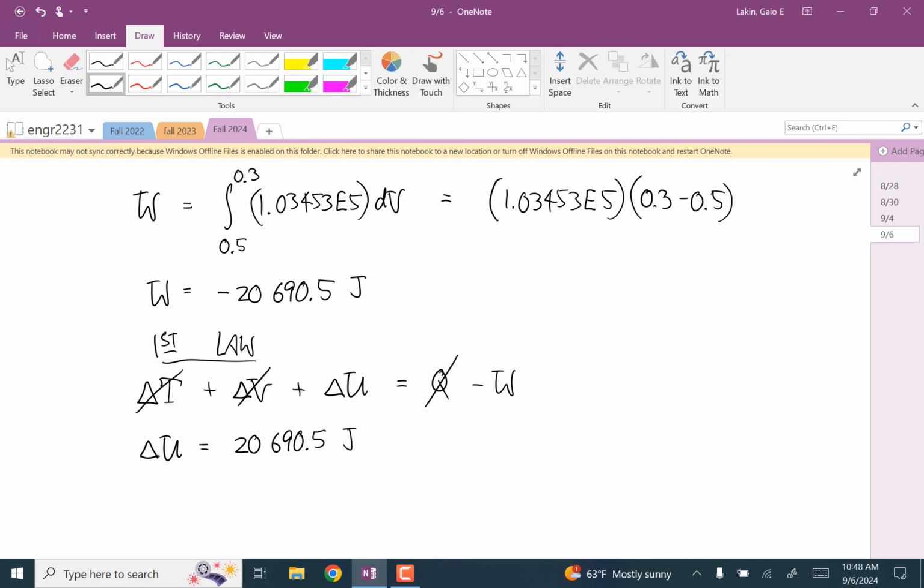And so the effect is the gas is compressed, and compressing a gas raises its temperature, and you see it there in the change in internal energy.